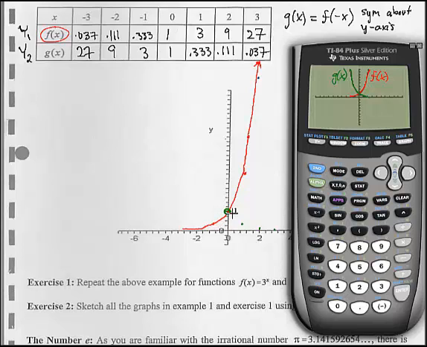Then from right to left, 3 to the negative 1 would be 3. I just simply mirrored this point. And then for negative 2, I would mirror that point over here on the other side of the y-axis.